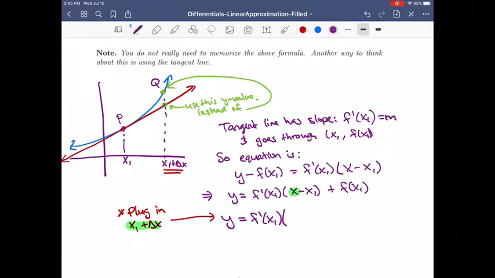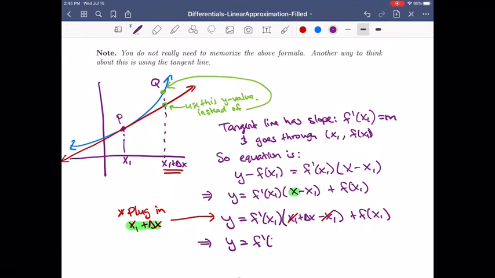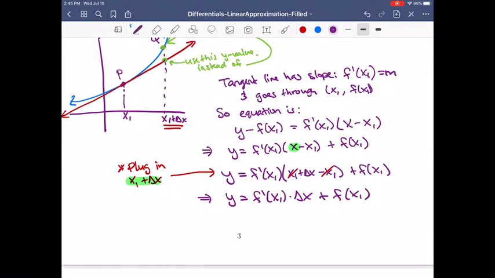So this is going to be x1 plus delta x minus x1 plus f of x1, and I see that these cancel out. So my y value is f prime of x1 times delta x, or dx, plus f of x1. This is the exact same as above.